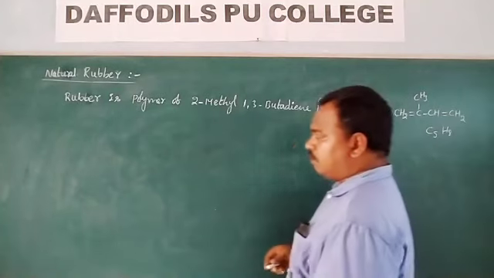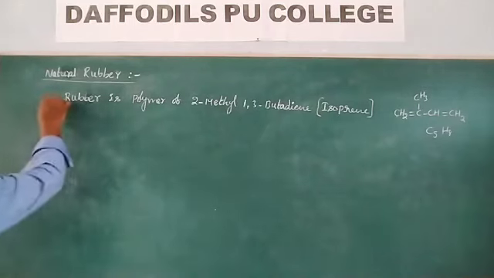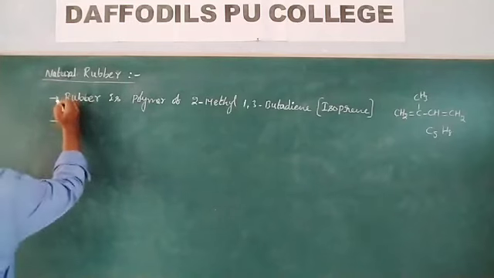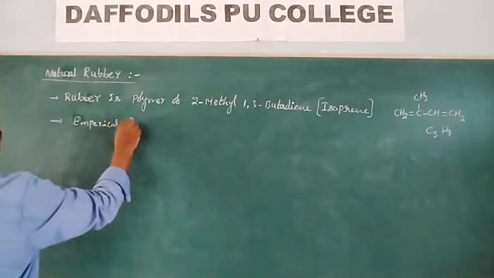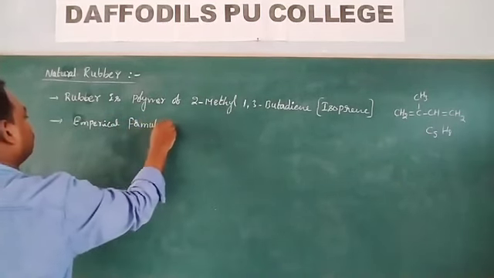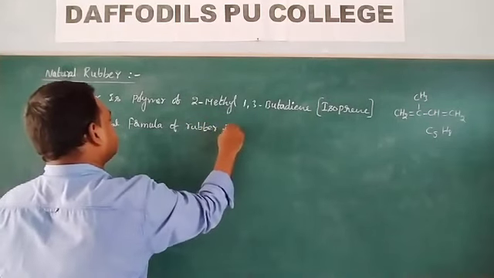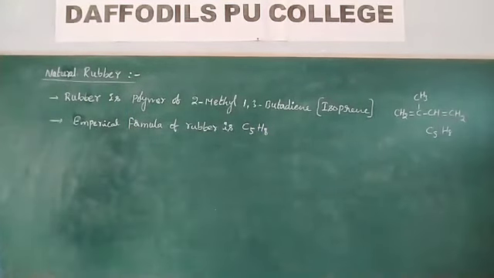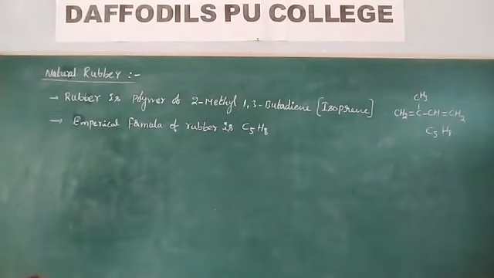So the empirical formula of rubber is C5H8. This is the empirical formula of rubber. Polymer of these isoprene units is rubber.